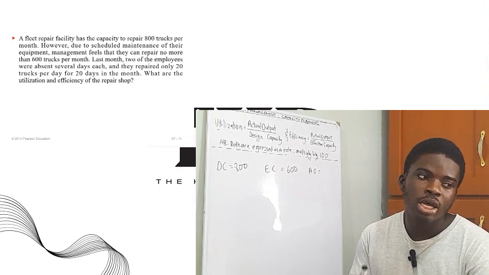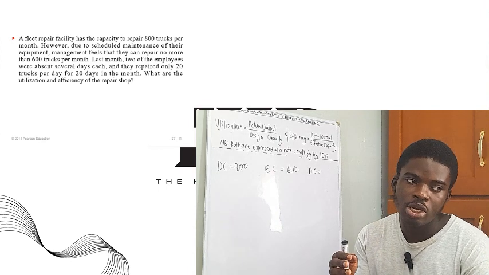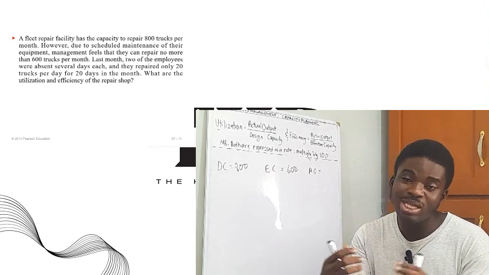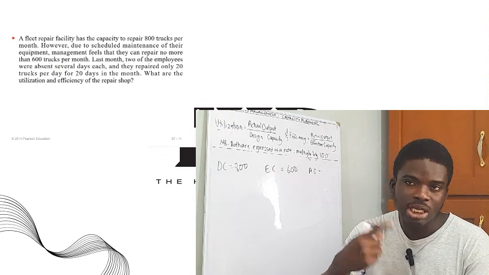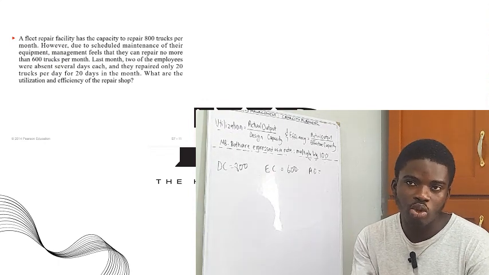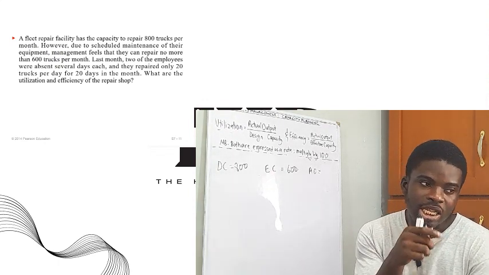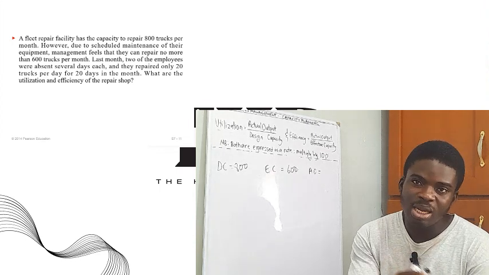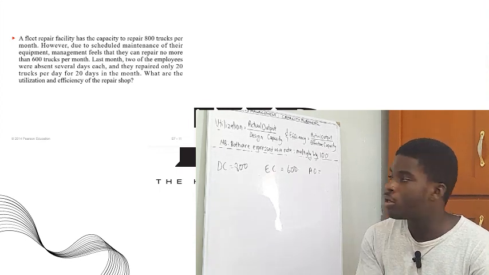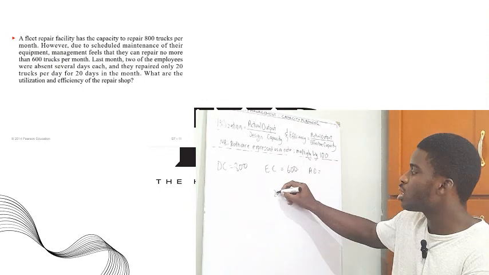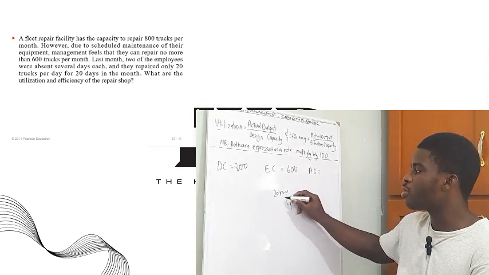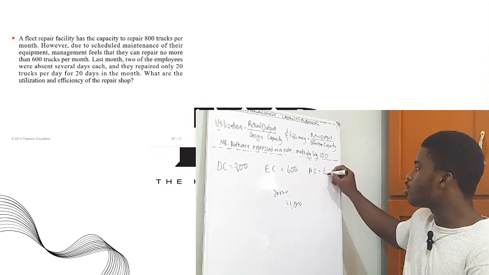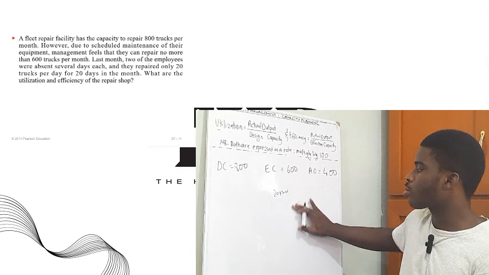So if you want the total trucks that they repaired, it is the number of trucks they repaired each day times the number of days that they showed up in a month. So that would be 20 times 20, which is 400. So 400 is the actual output.